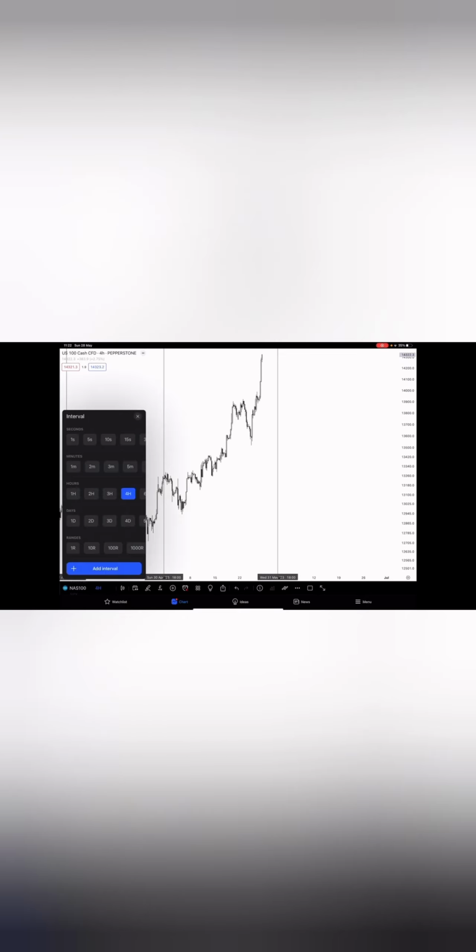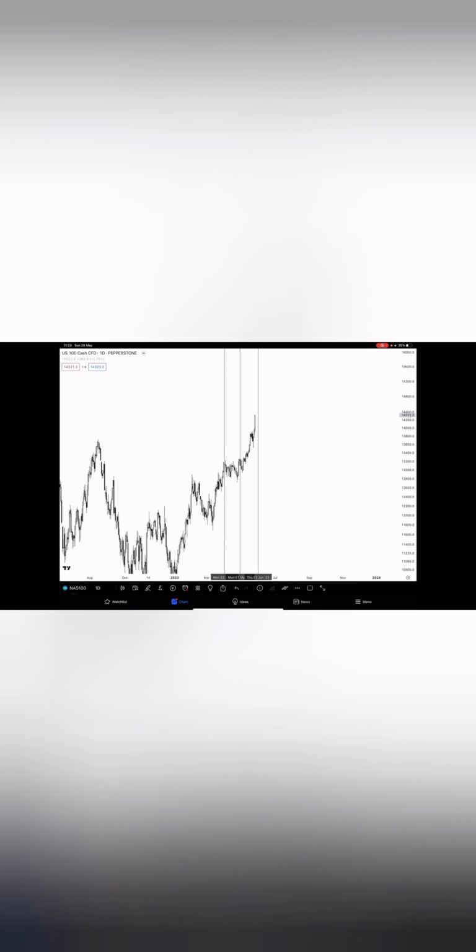Gives me a nice view. When we are bullish and we're expecting higher prices, then we simply buy below the opening price. We wait for a manipulation below the open price and we buy, right?